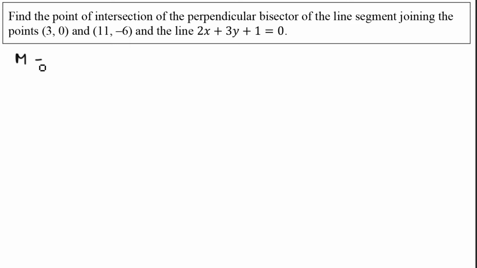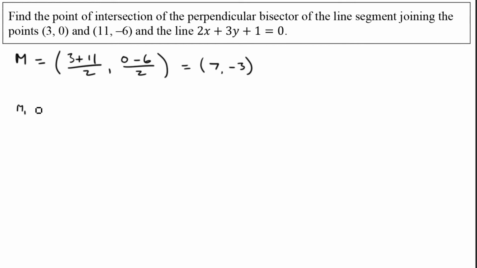The midpoint of the line segment AB is (3 plus 11) over 2, (0 subtract 6) over 2, so our midpoint is (7, -3). The gradient of the line segment joining A and B is (-6 subtract 0) divided by (11 subtract 3), so -6 over 8, which we could simplify to -3/4.